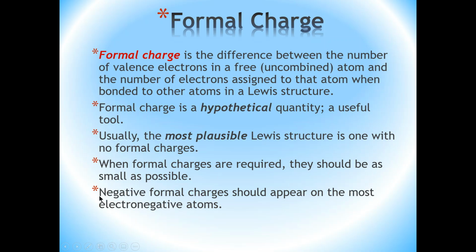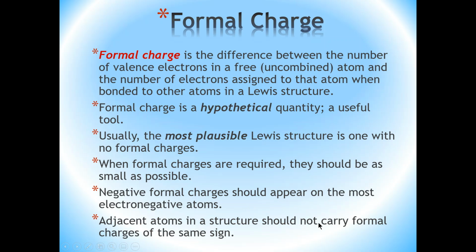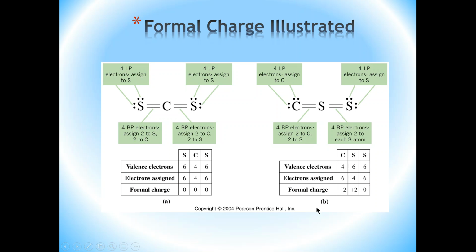Negative formal charges would appear on the most electronegative atoms. And finally, adjacent atoms in the same structure should not carry formal charges of the same sign. You can't have 2 atoms bonded to each other that both carry a plus or both carry a minus charge.